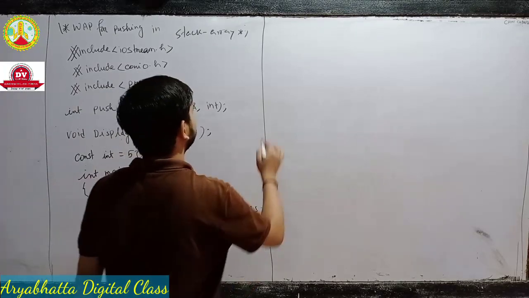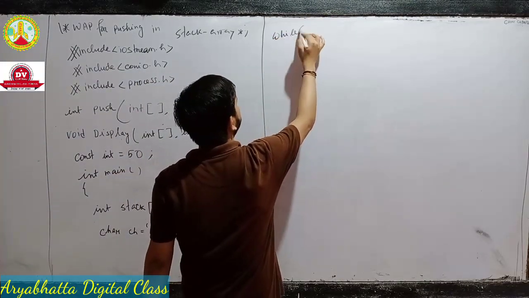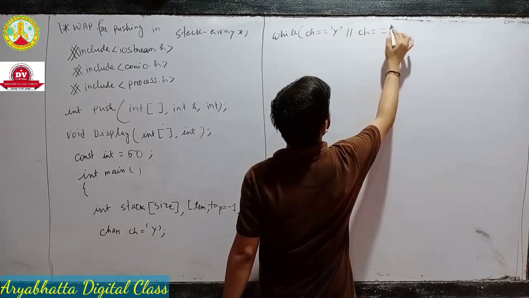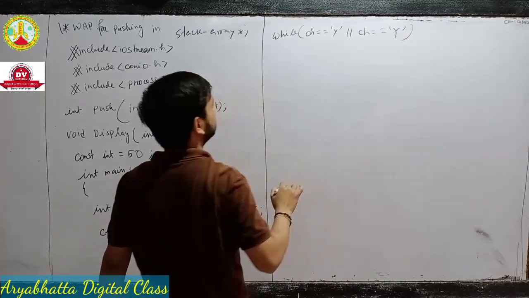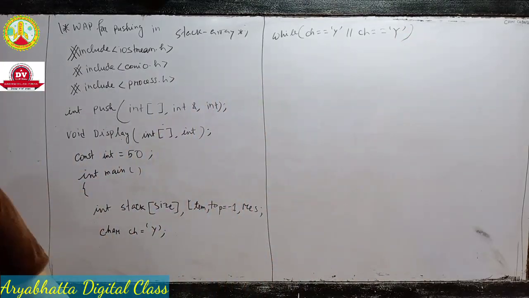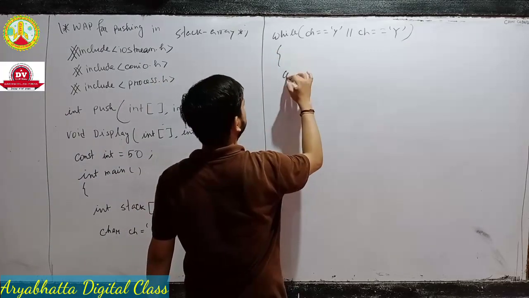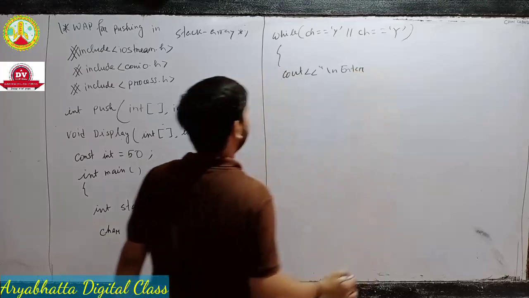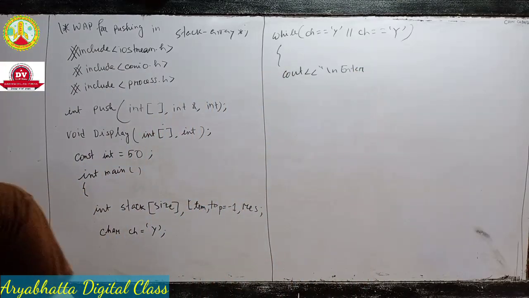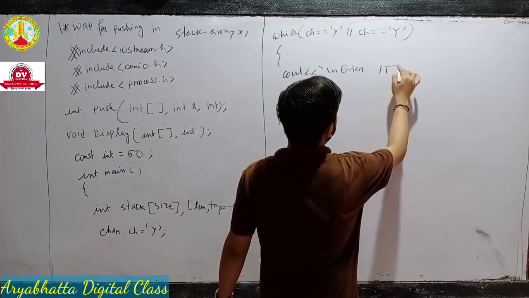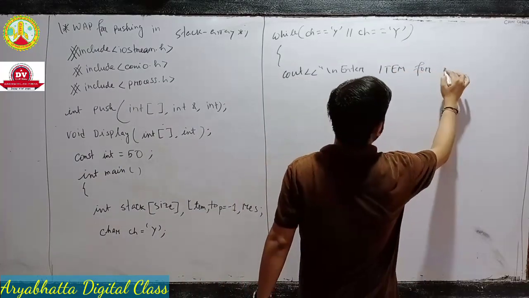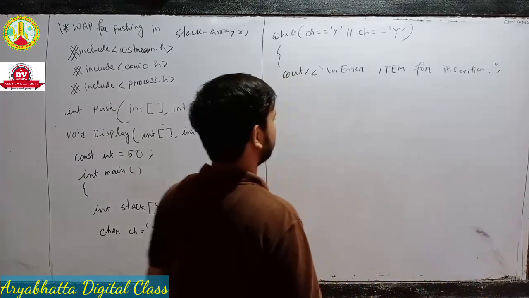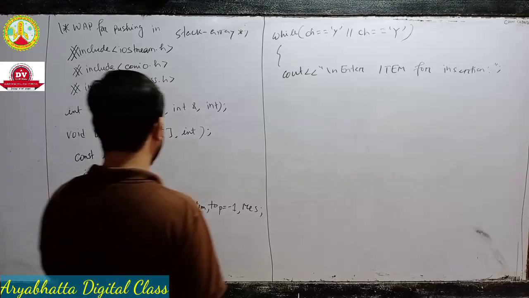After that, we use a while loop: while the character is equal to y, enter item for insertion, and the item is given to this variable.